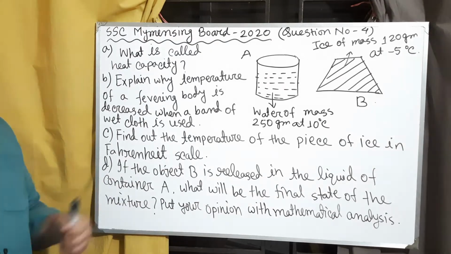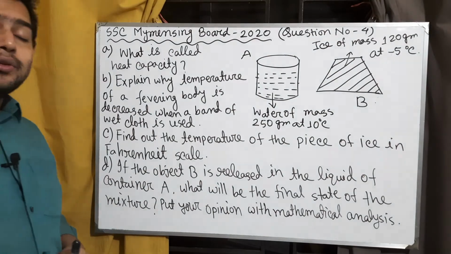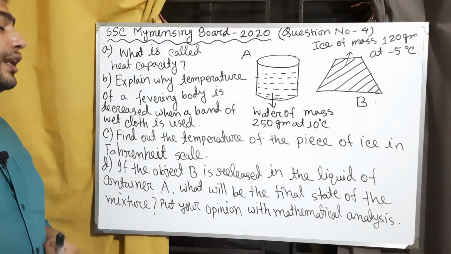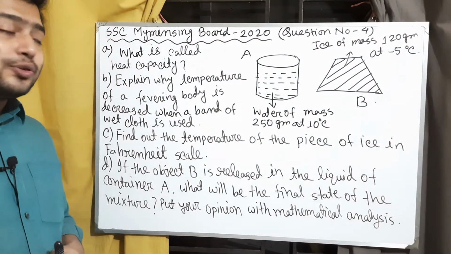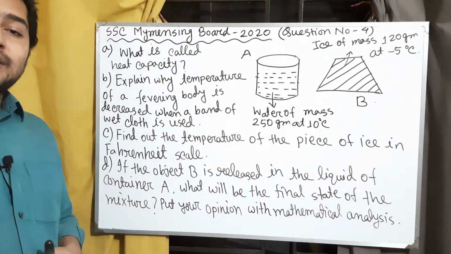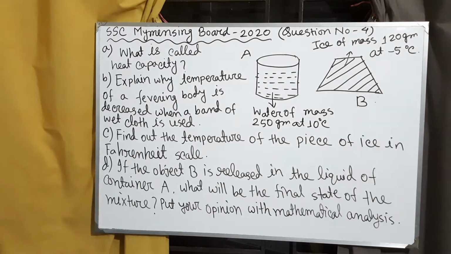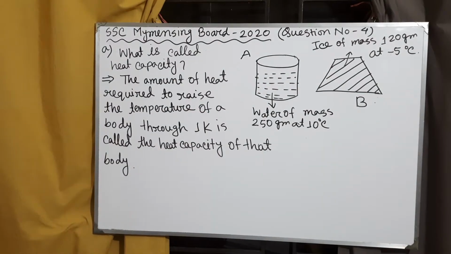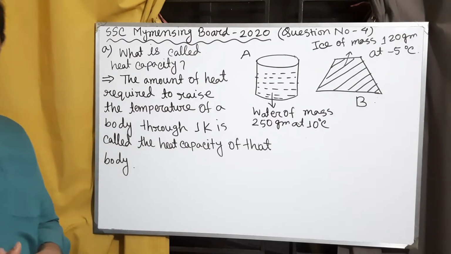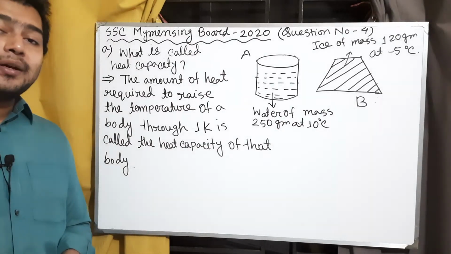Okay, so my dear boys, this is our today's creative question. Now we will try to solve this creative question step by step. So, my dear boys, our question A is, what is called heat capacity?